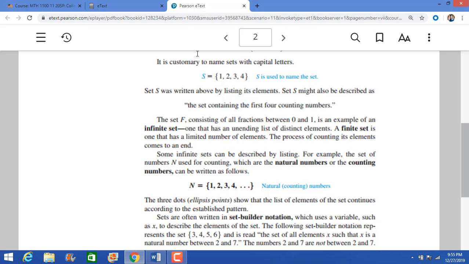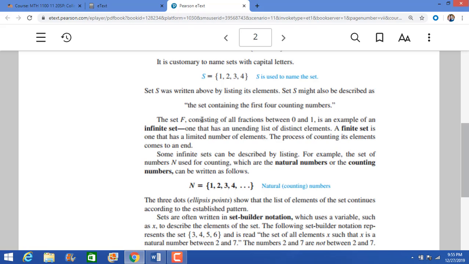There are infinite sets and there are finite sets. If we say F is a set consisting of all fractions between 0 and 1, well, that's an example of an infinite set because there are an infinite number of fractions that exist between 0 and 1.